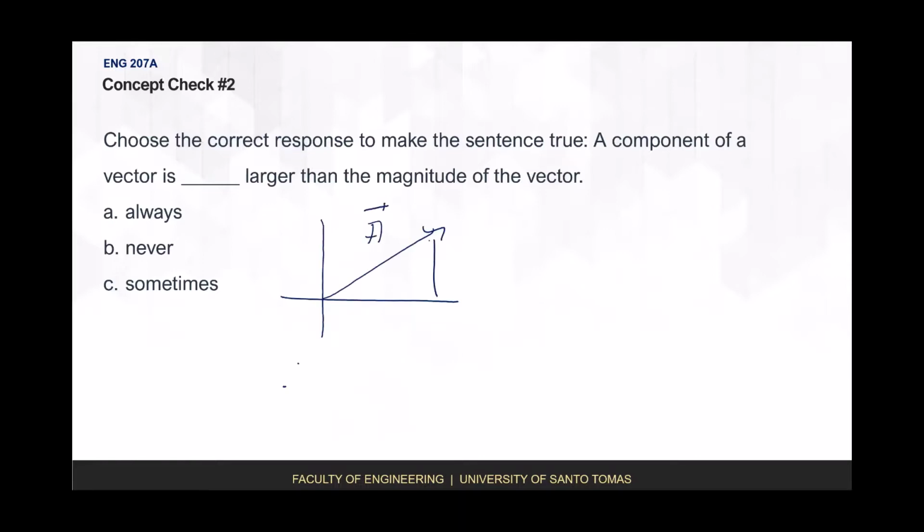A, we know it has AY, AX. So it holds true that the components, whether X or Y, is never going to be larger than the magnitude of the main vector, no? Okay?